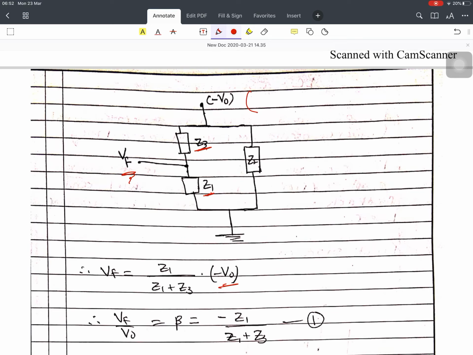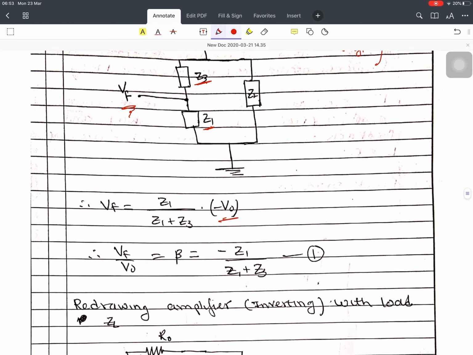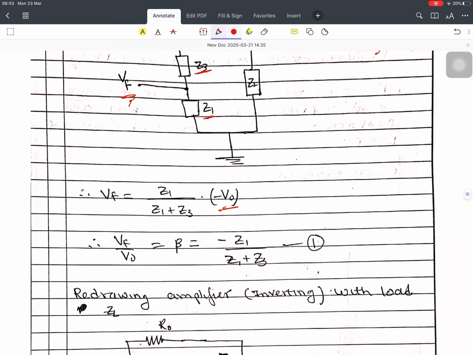This negative sign over here is due to 180-degree phase shift provided by inverting amplifier. So that's why we are taking minus here. Now from here I get Vf by Vo, which is beta, as minus of Z1 upon Z3 plus Z1. This is my equation number 1.